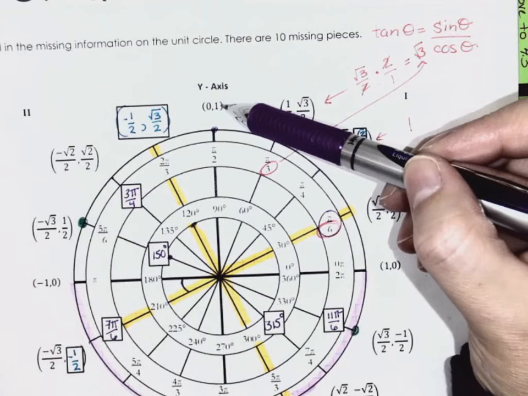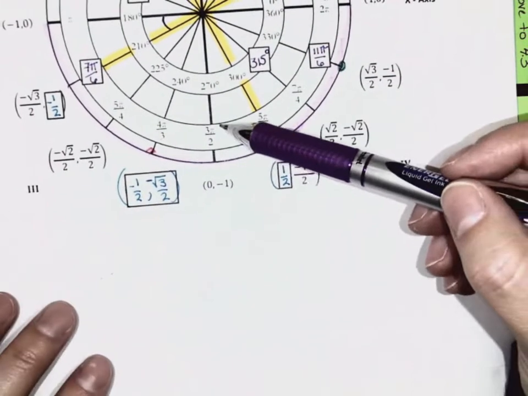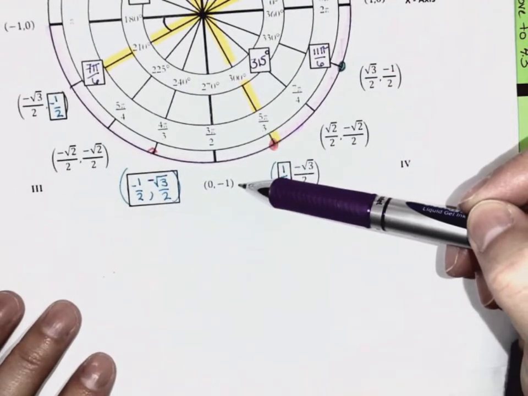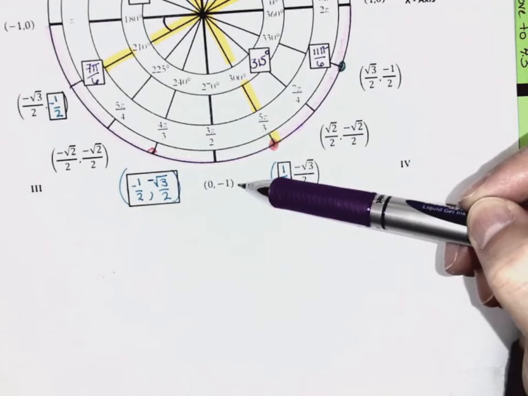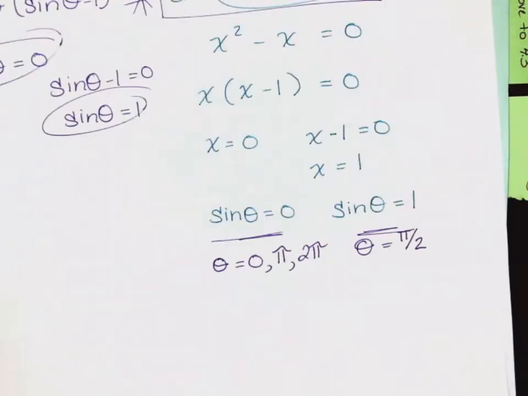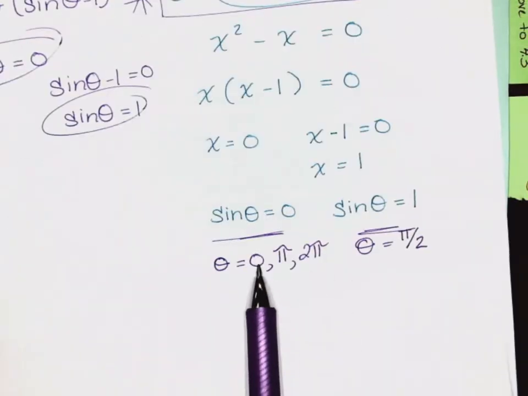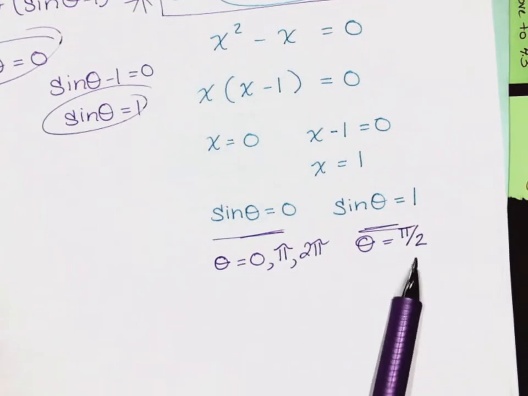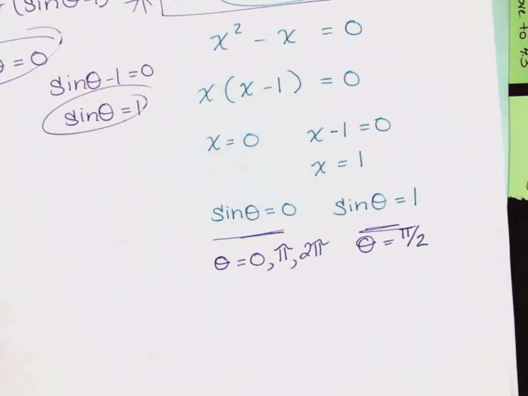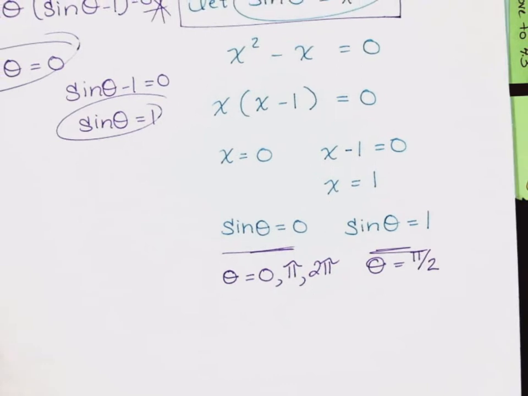Definitely at pi over 2. But when I go down here, is it still a positive 1? No. So it's not that one. So my answers are 0, pi, 2 pi, pi over 2 for this question. And I answered that all on this sheet and not on the other sheet.